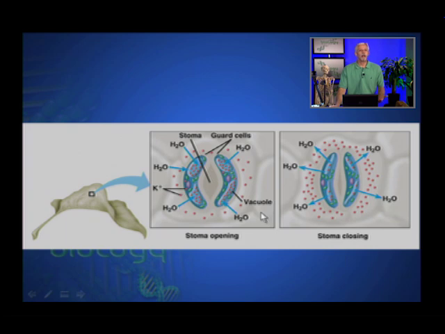And part of that is, again, in response to saving water. So what plants do is that they'll actually pump sodium into the guard cells in the mornings. That then makes the cell hypertonic, draws water into the guard cell, that opens the stoma. Now, as the day progresses, this pumping of sodium can't overcome the dehydration of the plant, and so eventually if the plant dehydrates, the stoma will close.